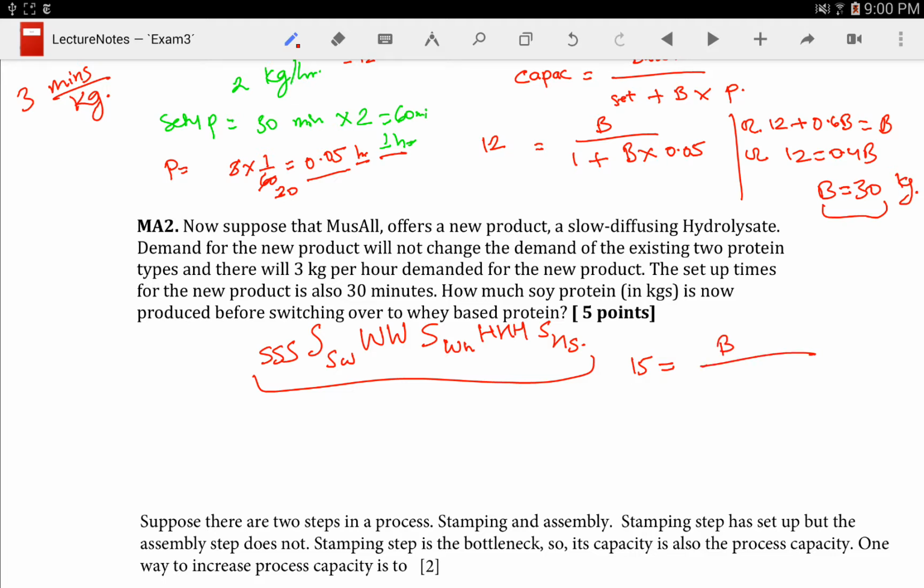We have to find the batch size. Your setup time is now 3 setups, so it becomes 1.5 hours, plus batch size times 0.05. If you solve this, you will get B equals 90. If B equals 90, the amount of soy-based protein is 10 divided by 15 times 90, which comes out to be 60.